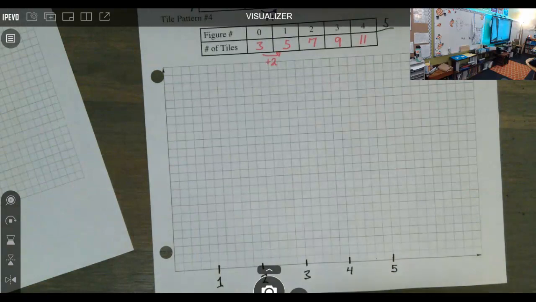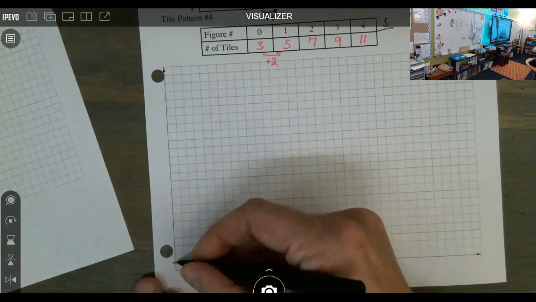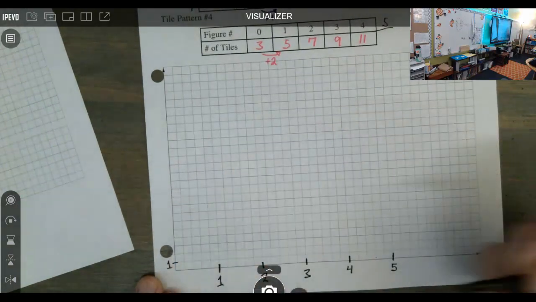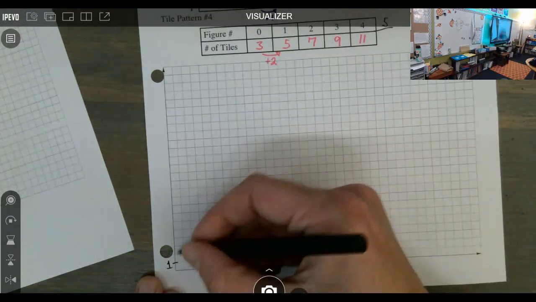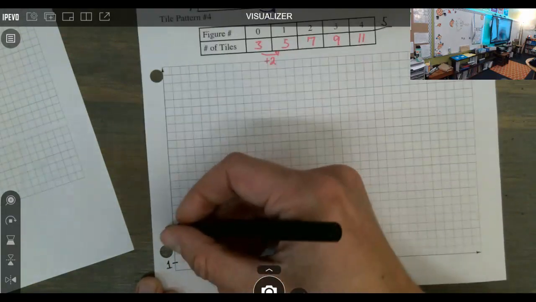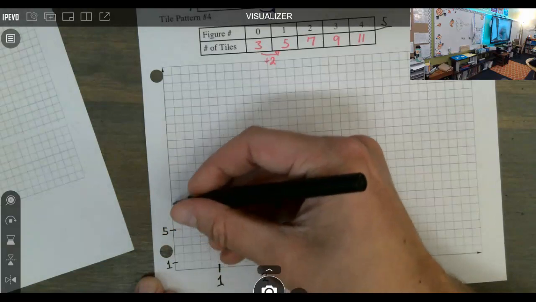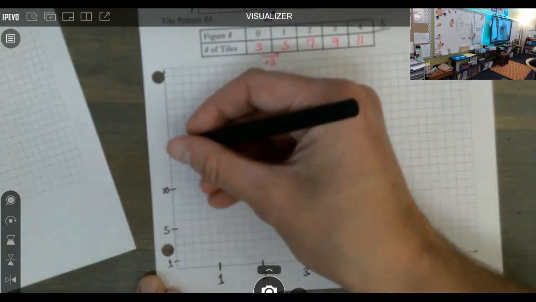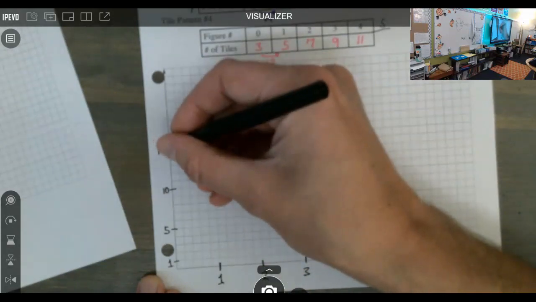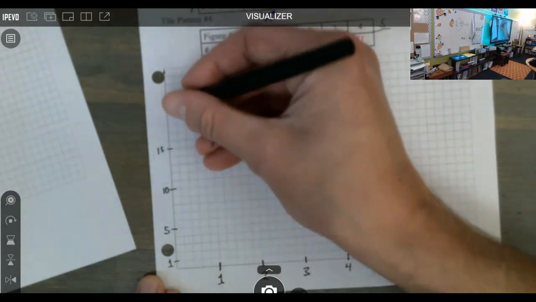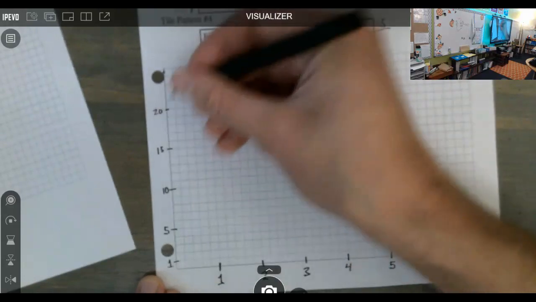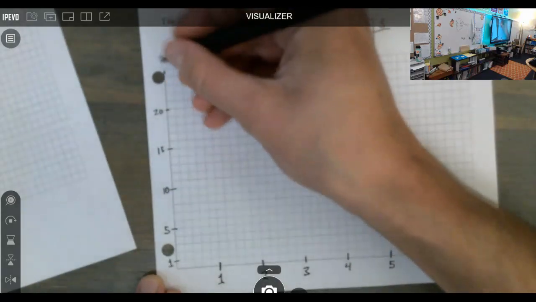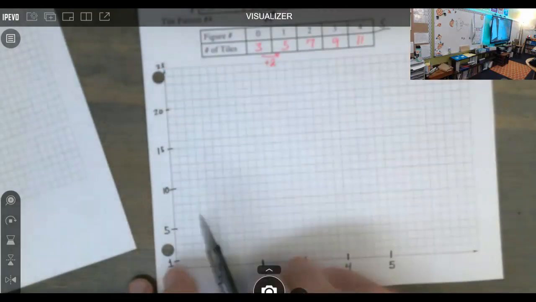Guys, here's my advice if you're doing 1 to 1: you can label the first 1, but do not label everything, 2, 3, 4. I would go by 5s. And if we run out of space, our line can just go off the graph.